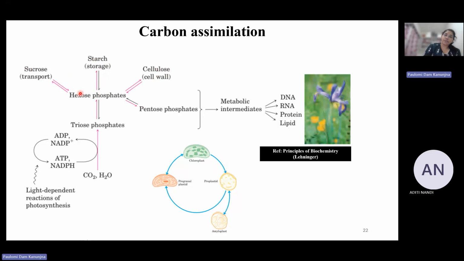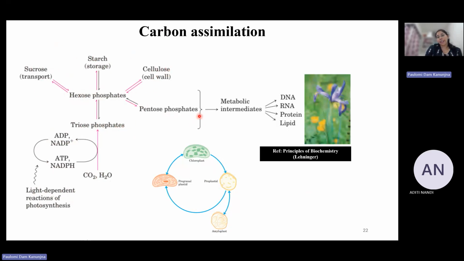So all these come from this hexose phosphate. These hexoses are basically 6 carbon, which come from 3 carbon triose phosphates. And these triose phosphates are coming from carbon dioxide and water via these currencies, which are generated by the light dependent photosynthesis. And these all take place in different plastids, right? So you have all these trioses, which give you hexose, which can give you all these different cell wall components.